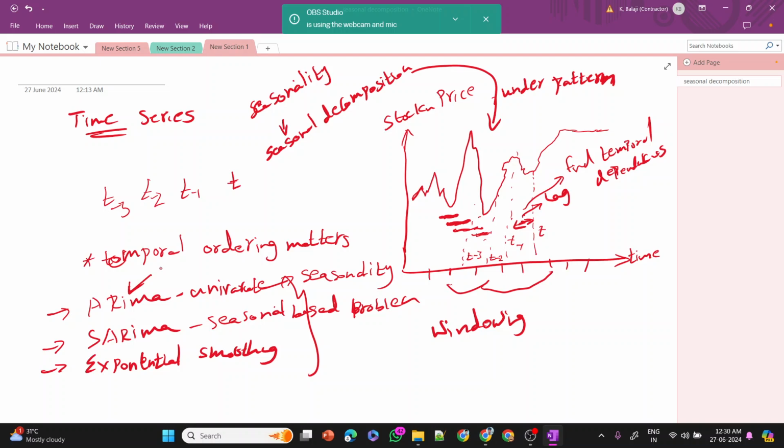To train this ARIMA model, it needs some components: autoregression, an integrated part, and a moving average.